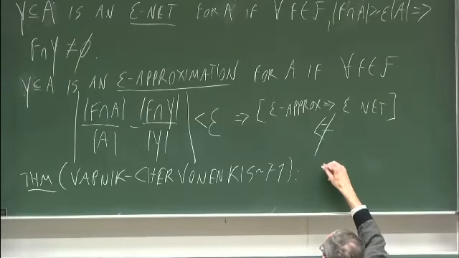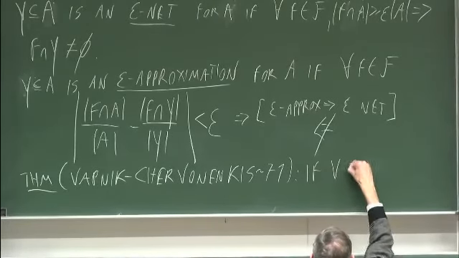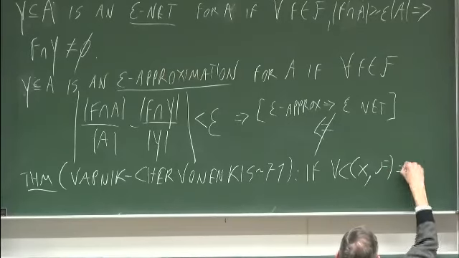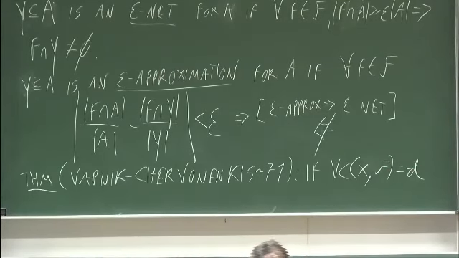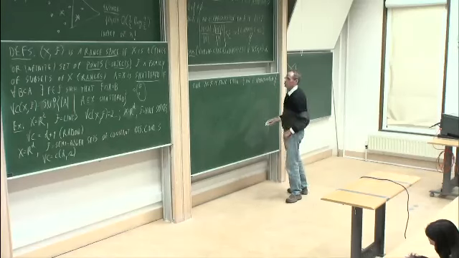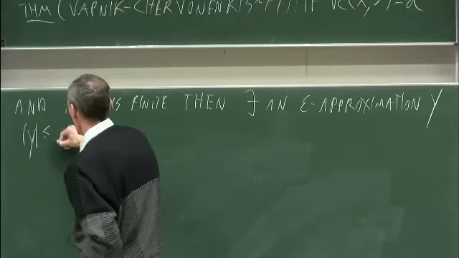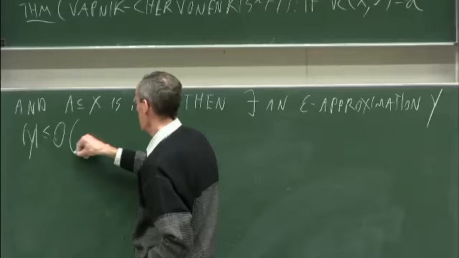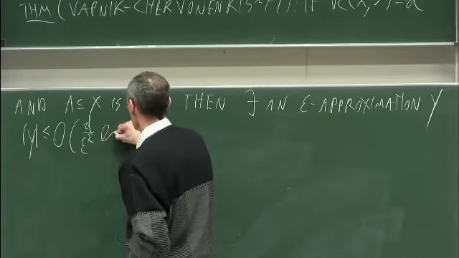What they proved is that if we have this range space, and the VC dimension of it is D, and A, a subset of X, is finite, then there is an epsilon approximation Y, and the size of Y is only some absolute constant, 10, say, times D over epsilon squared times log of 1 over epsilon.